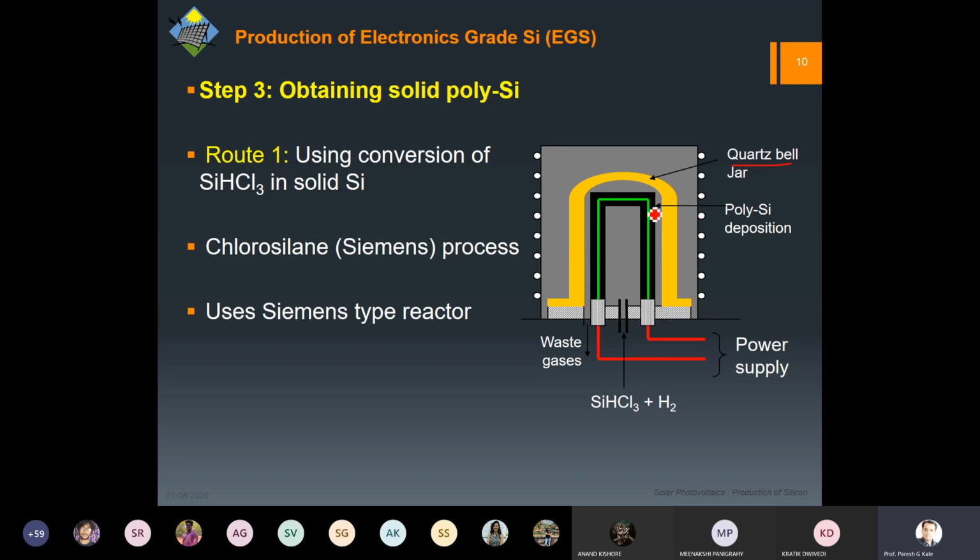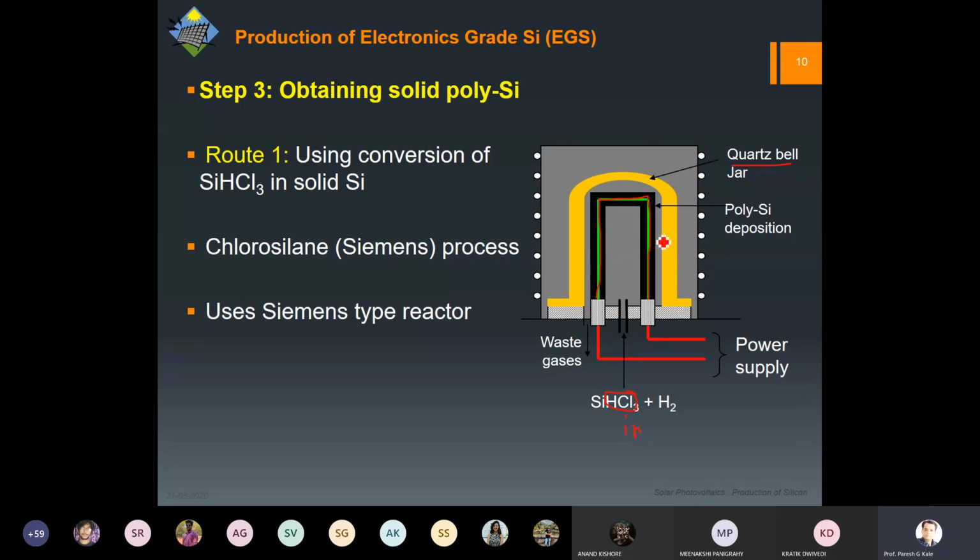And then you can see there is this green line, and this green line is basically working as a seed, because at the inlet, we are passing this purified gas after step 2, and we are adding H2, so that this H2 will react, and this silicon gets deposited. For the deposition you require some seed as a starting point, and that is what this green rod is going to do.